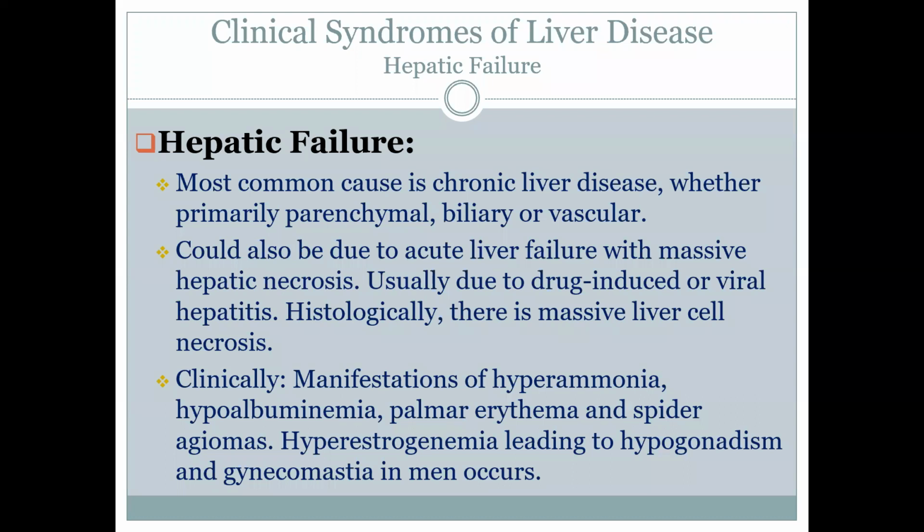It could be focused on the bile ducts, such as what we see, for example, with primary sclerosing cholangitis or primary biliary cirrhosis, or it could be vascular. In this case, you will see it in the form of a process that affects what used to be called the suprahepatic, or what's called now the hepatic vein, such as occlusive disease and the Budd-Chiari syndrome. That's going to reflect back on the liver as a whole.